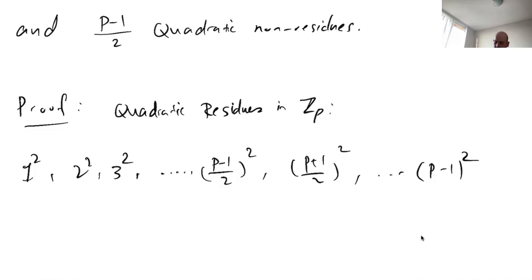But the first thing I want you to notice is that this number, ((p plus 1)/2) squared, is the same as ((p minus 1)/2) squared, mod p. Why?